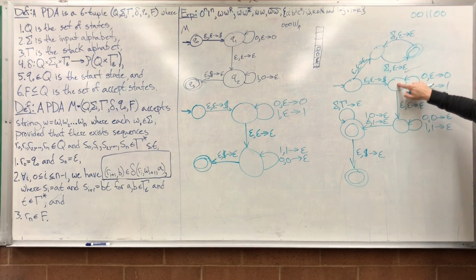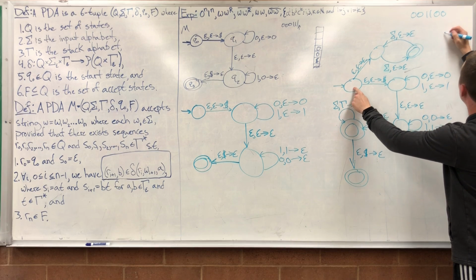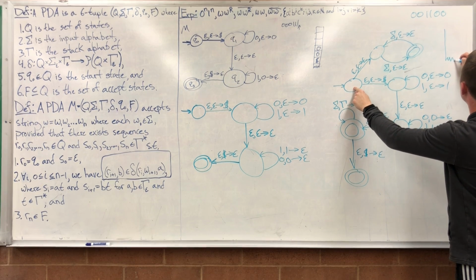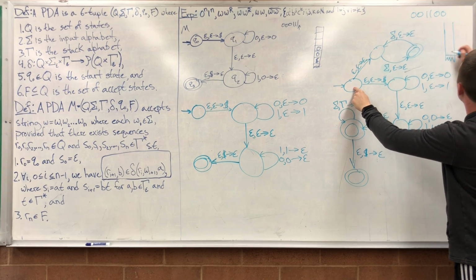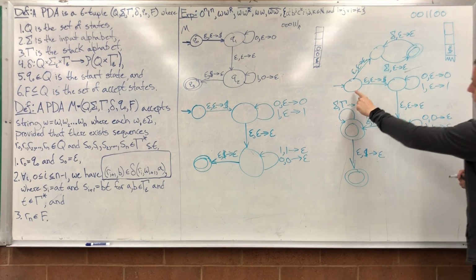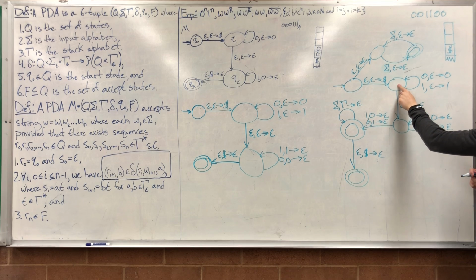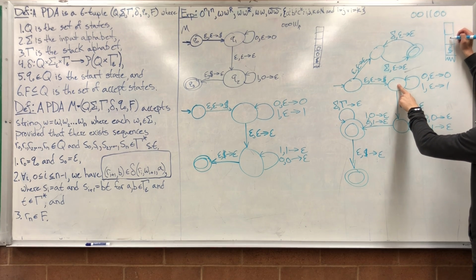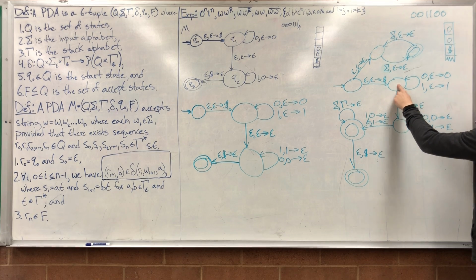So what could I do? I could read 0, 0. I'll write my stack out as we go. Going from here to here, I'm going to read 0, 0 and push them onto the stack.